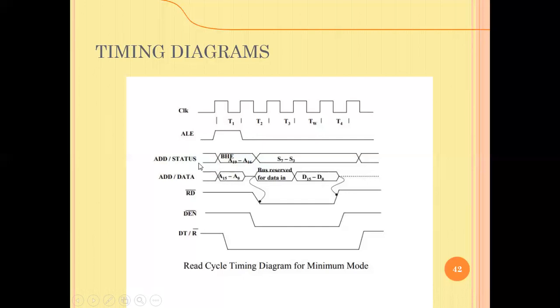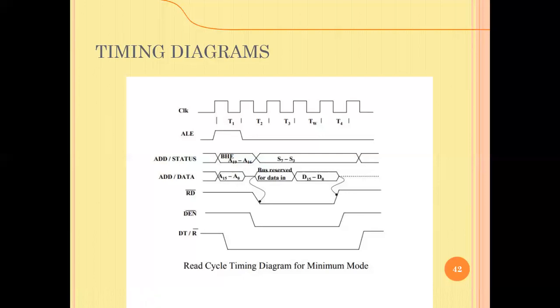If you observe here, from address and status, the address A19 to A16 is separated. From address and data, the address A15 to A0 is separated. In this way, the A0 to A19 address is available now. Now we got the address. After getting the address, we need to make that device enable for reading.